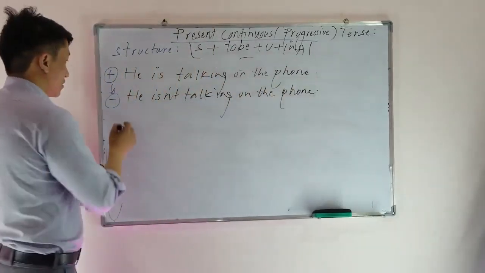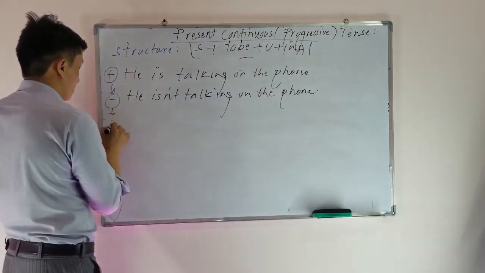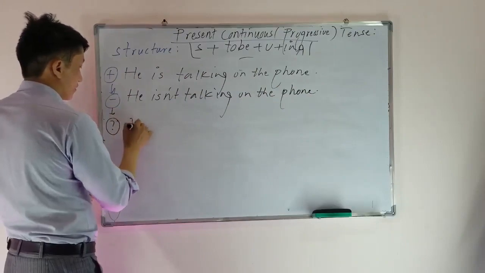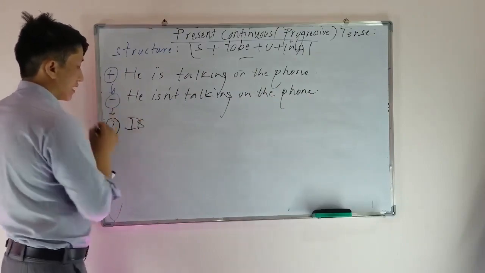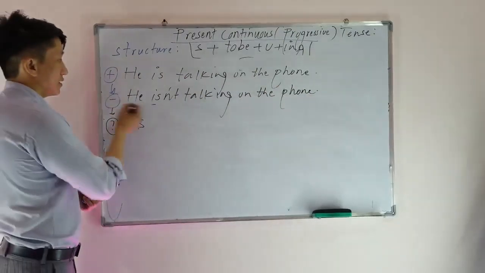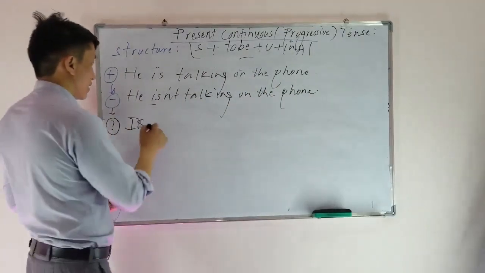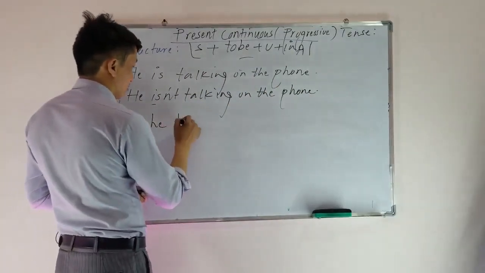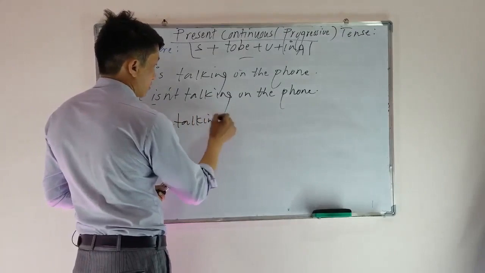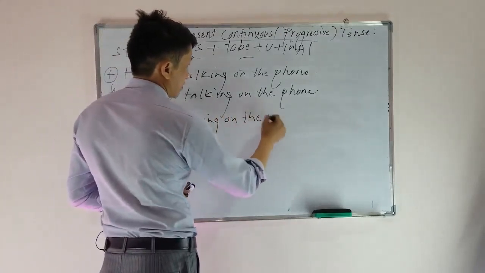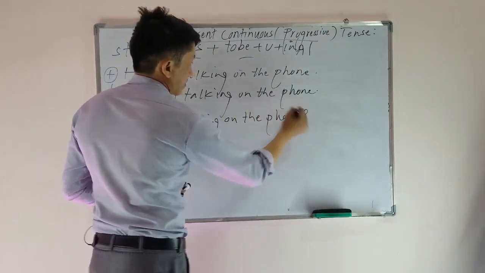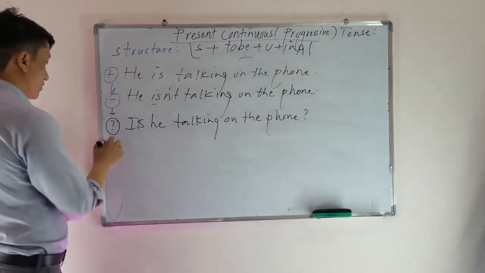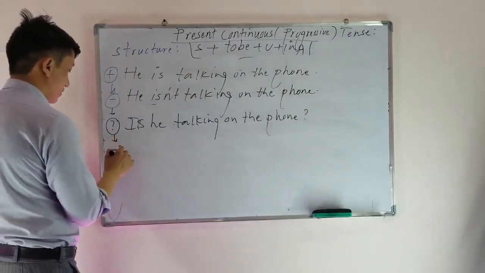Or the next one, how can we change it to question? So for the question form, we bring is at the beginning of the sentence. So we can say, is he talking on the phone? This is how we can change it to question. And how can we change it to negative interrogative?